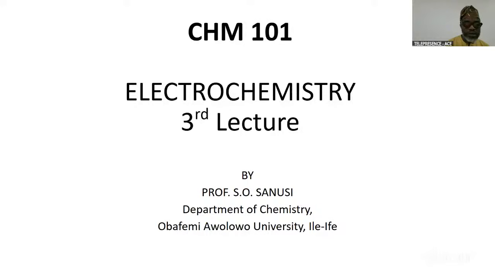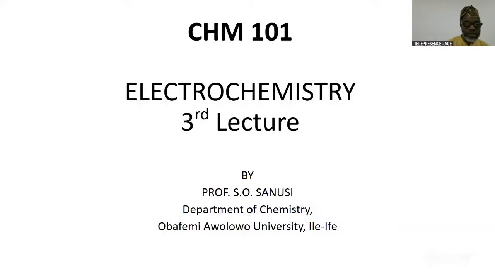So for today, we are discussing cells and batteries. What exactly is the difference between a cell and a battery? A cell is a single unit of device that converts chemical energy into electrical energy.